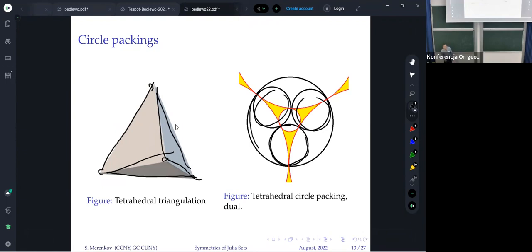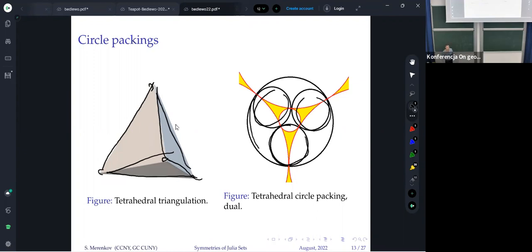What we would like to do, given such a circle packing or a more general circle packing, is to produce an anti-rational map for which these circles of the circle packing become fixed Fatou components. Because we want the circles to be fixed Fatou components, we have to look at the dual circle packing.